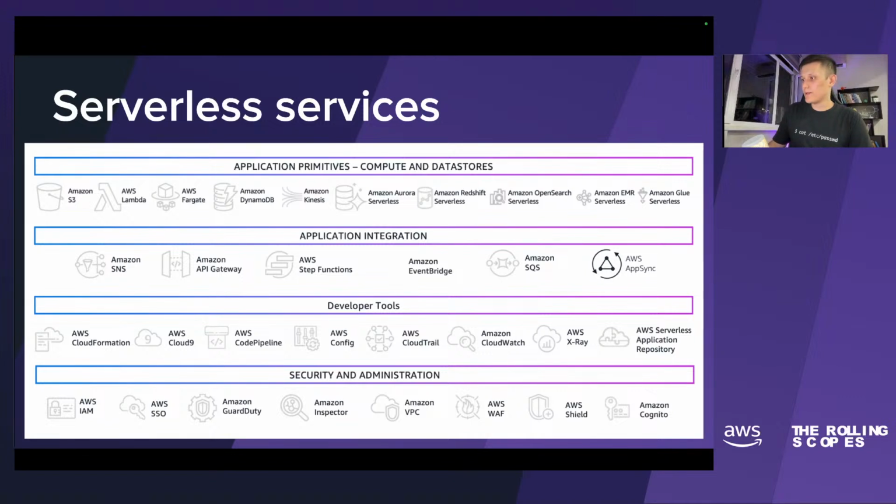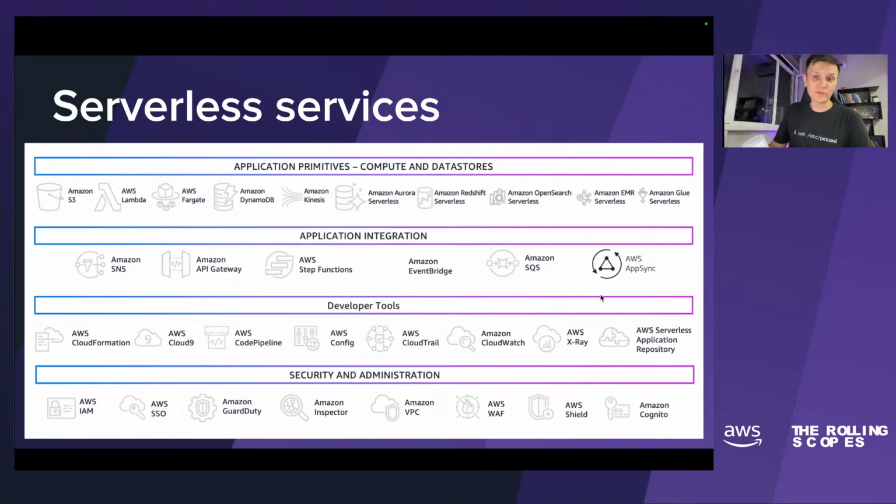For database purposes, we have DynamoDB, we have Redshift, we have Aurora, and so on. It is really overwhelming, I believe, that we have so many services. And this list doesn't show almost all the services that they have. It is only the most popular ones.